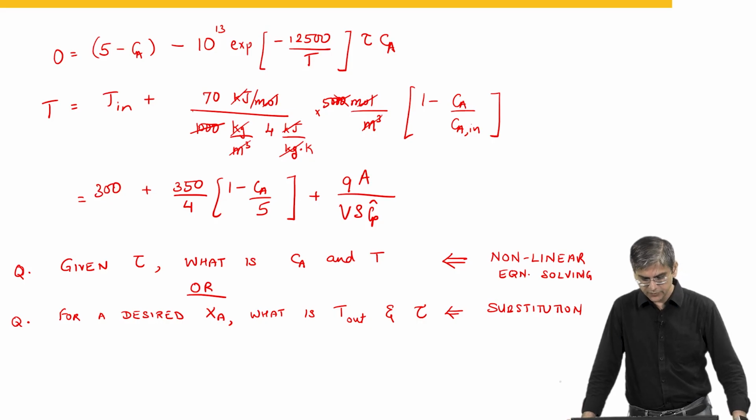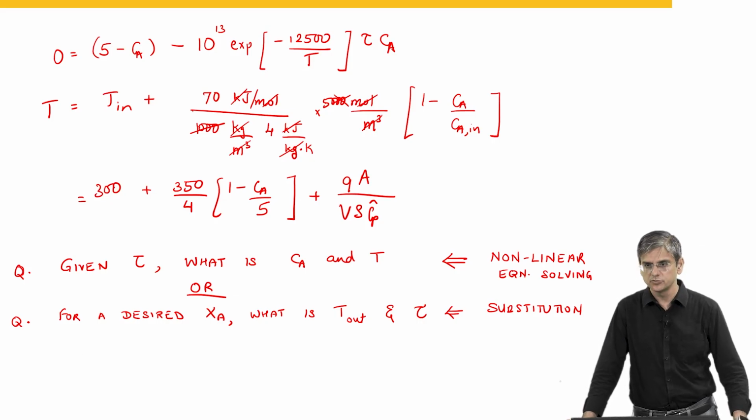Given Tn equal to 300, what is going to be the conversion? That is the question.